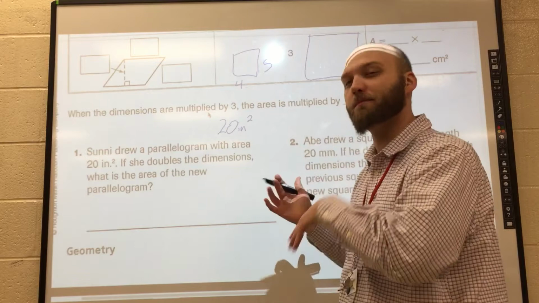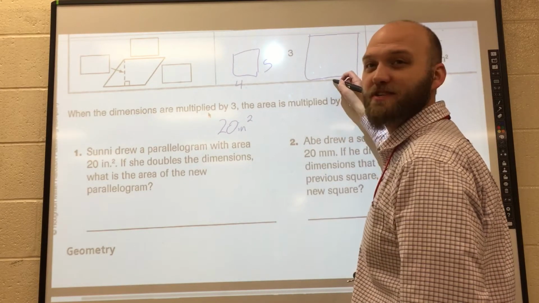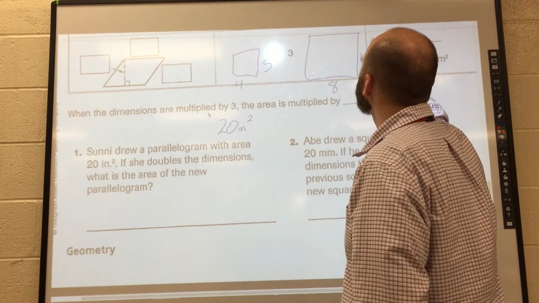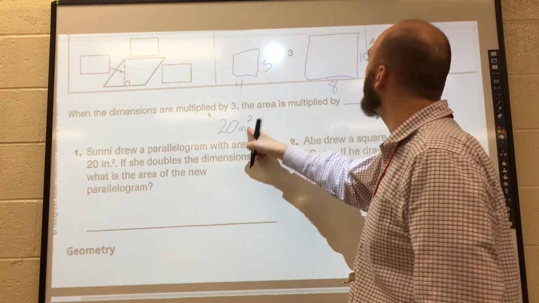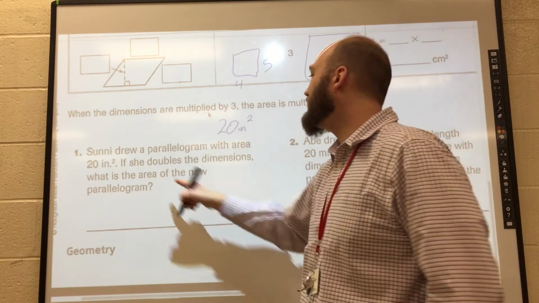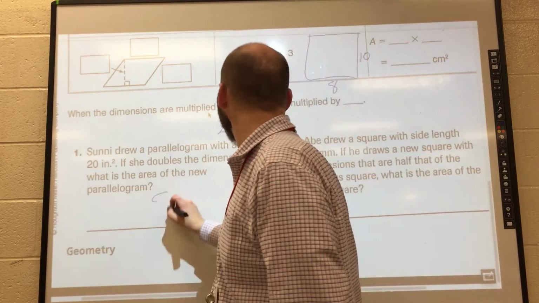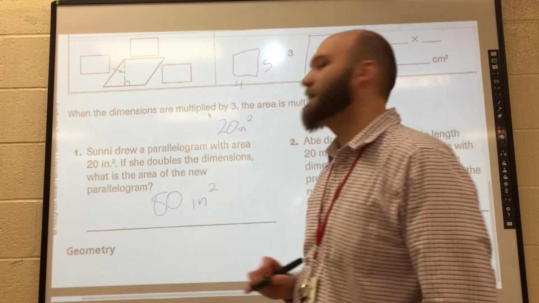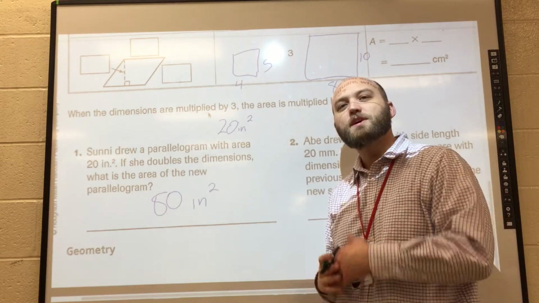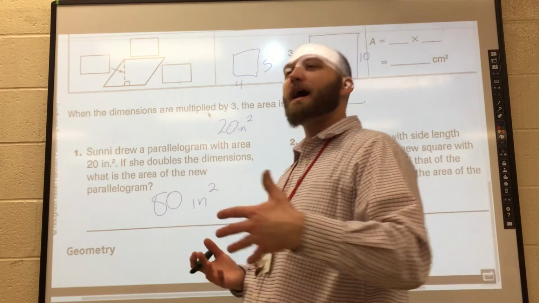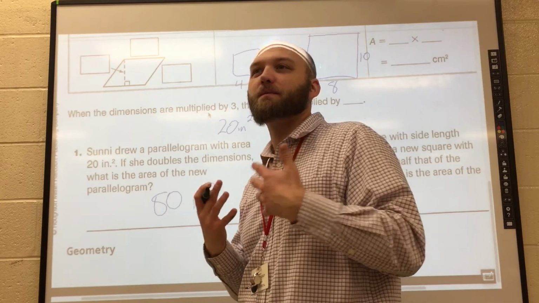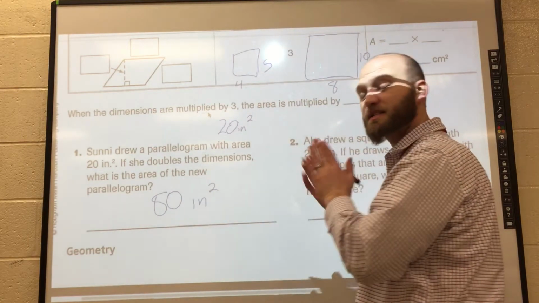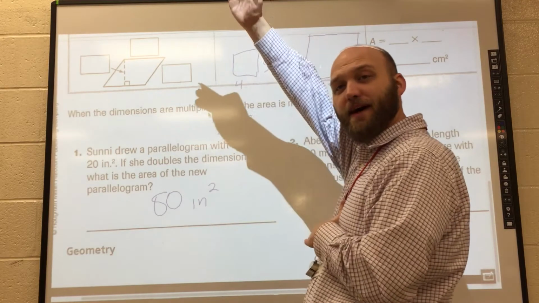Well, when I double them, I get that this is 8 and this is 10. So now instead of 20, the area of the new parallelogram is 80 inches squared. In other words, to double it, I have to basically make it 4 times as large of the surface area, because I'm doubling both the width and the height.